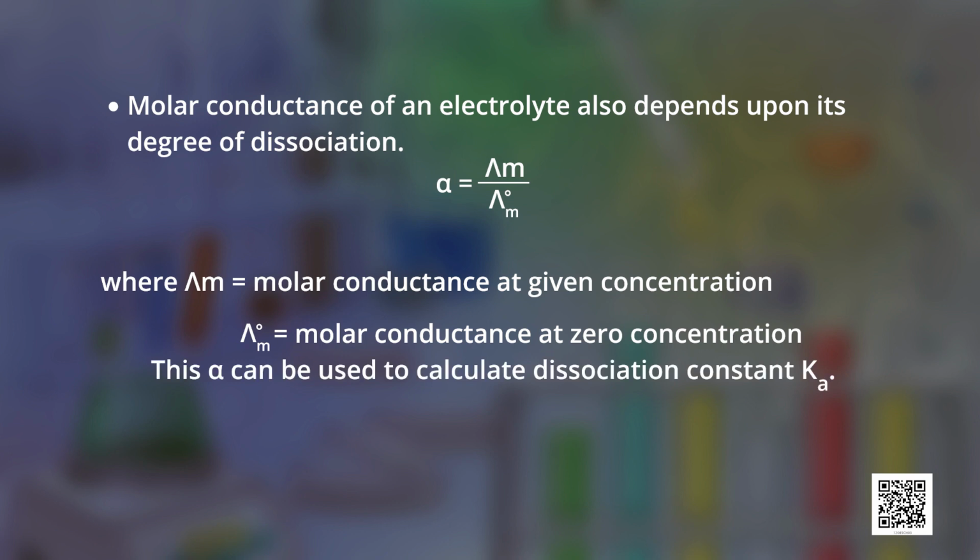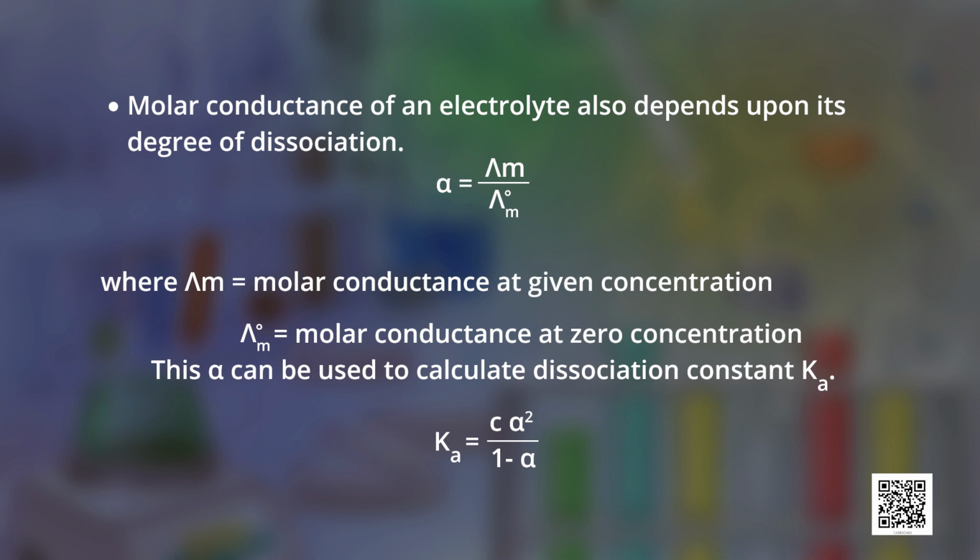This degree of dissociation can be used to calculate dissociation constant Ka, and so we may use the expression Ka is equal to C alpha square upon 1 minus alpha, where alpha is the degree of dissociation and C is the concentration.